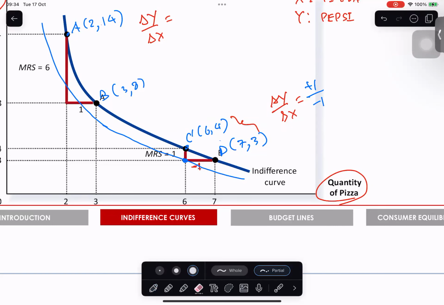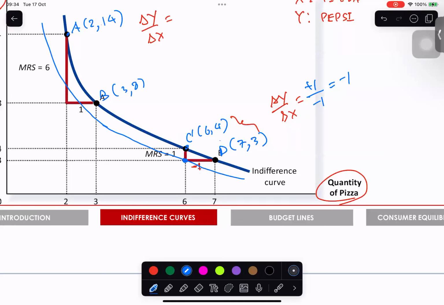You see, the interpretation can work in this way as well. With this interpretation, it suits the definition. The rate at which this guy is willing to exchange: he said it's fine to steal from him, don't worry, but if you want to resume his happiness, please compensate back with 1 unit of good Y. He gets back to the same utility level.